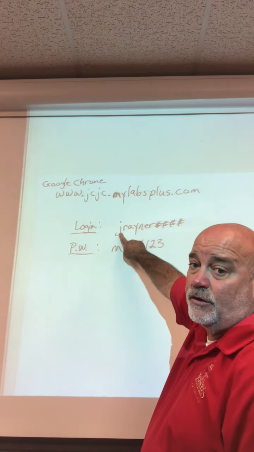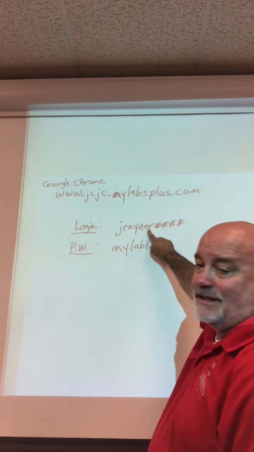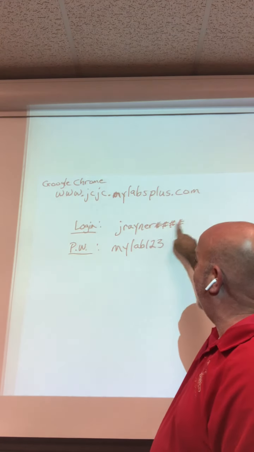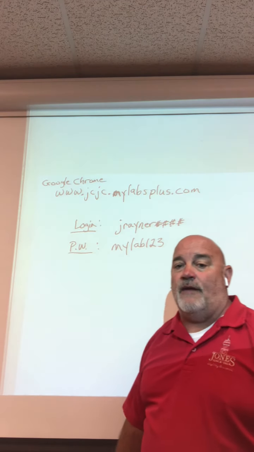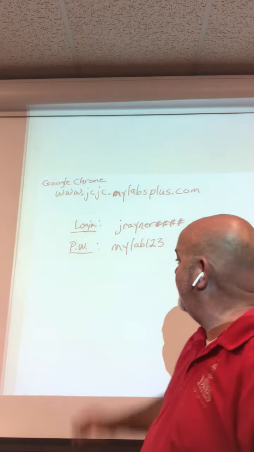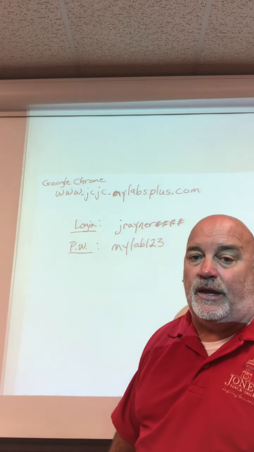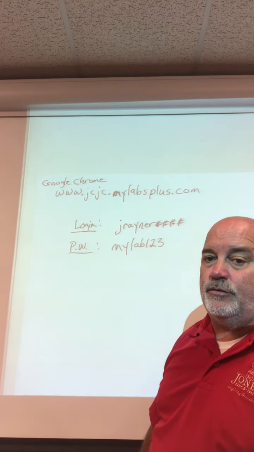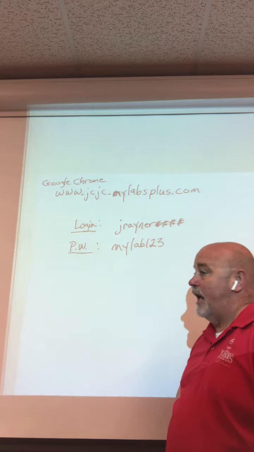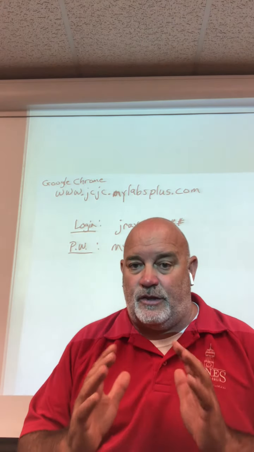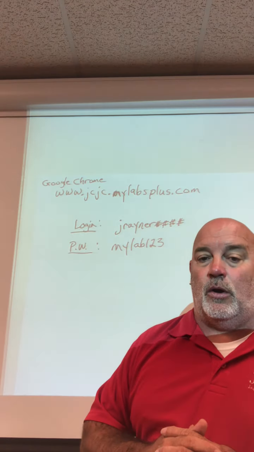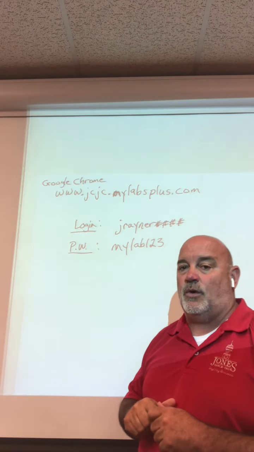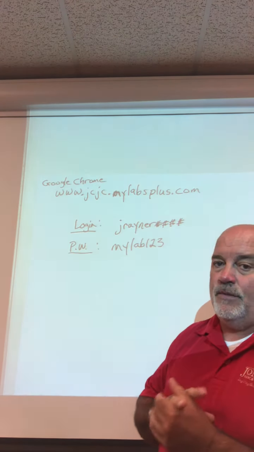First initial of your first name, your full last name, followed by the last 4 digits of your ID number. Your password, everybody's password is the same. MyLab123. MYLAB123. And when you do, that will take you to the MyLabs Plus site where you do all of your homework. Now, I'm going to show you what that's going to look like in the next video.